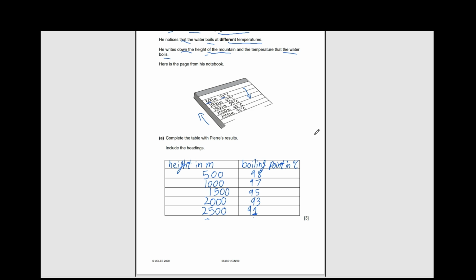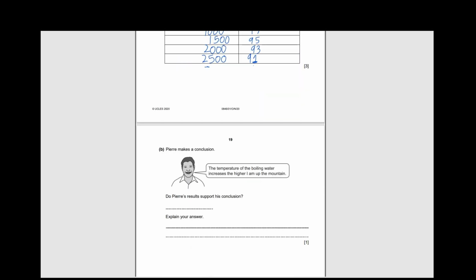So yes, we do not support his claim, his conclusion. So no. Why?